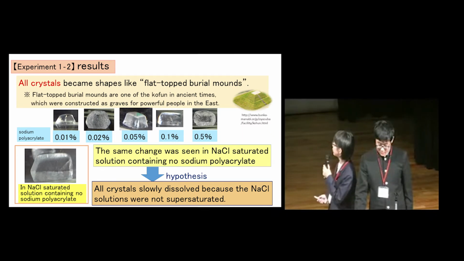All the crystals became shapes like flat-topped burial mounds, which are common in ancient times in the East. Also, the crystal volume decreased. The same change was seen in NaCl saturated solution containing no sodium polyacrylate, so we thought that all the crystals slowly dissolved because the NaCl solutions were not supersaturated.